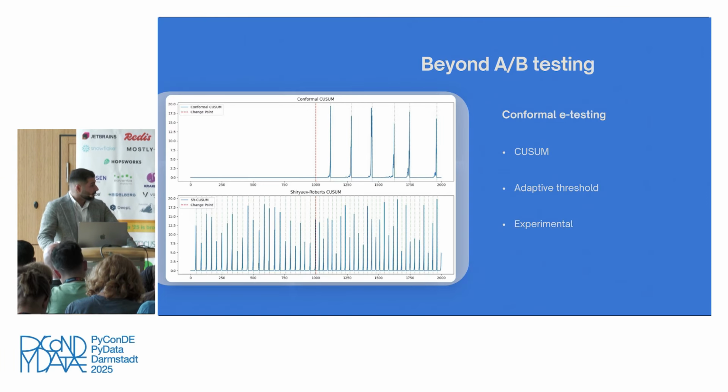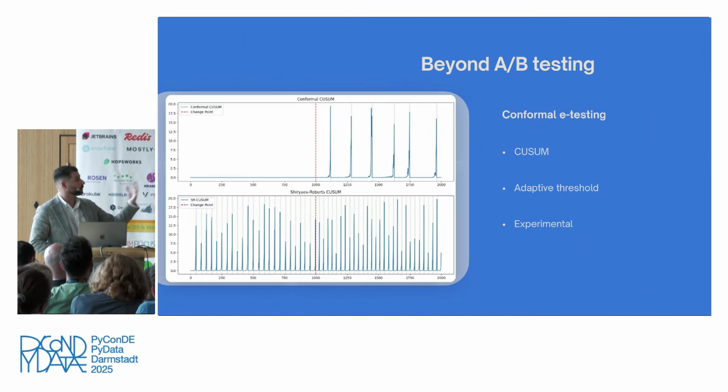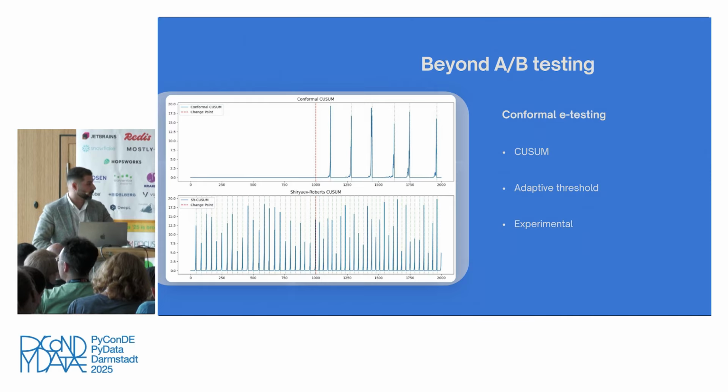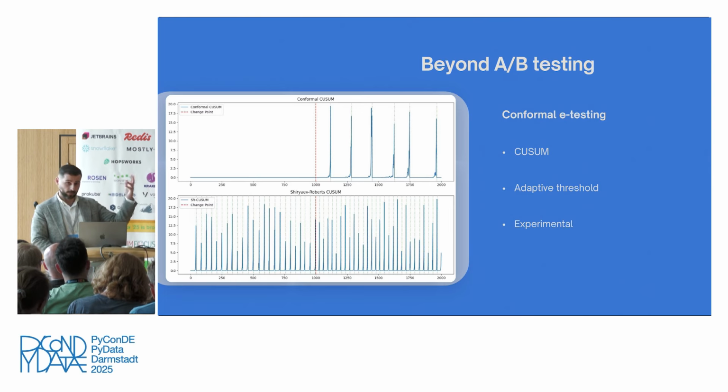In the first plot is the conformal way from this library with e-values, and the one below is the classical Shiryaev-Roberts CUSUM. We will have a demo, so I'm not going to go deeper into it. But this module of the library is experimental. I do not find it central to the library, but I see it as an important part to implement. It has something called adaptive threshold, meaning that as soon as you detect a change point, you lower the sensitivity for false alarm rates.